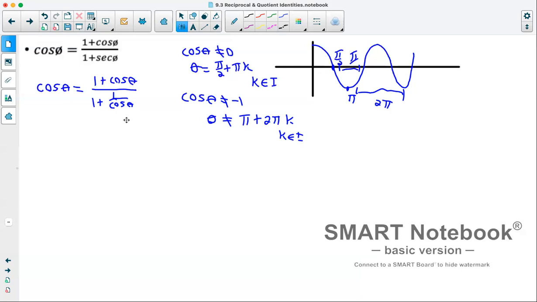Okay, so now we'll go through and simplify this. In this case, we once again have a fraction within a fraction, so we are going to want to get rid of that. So I'm going to multiply by cos theta over cos theta.